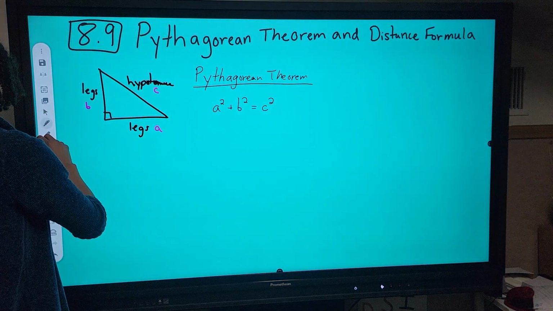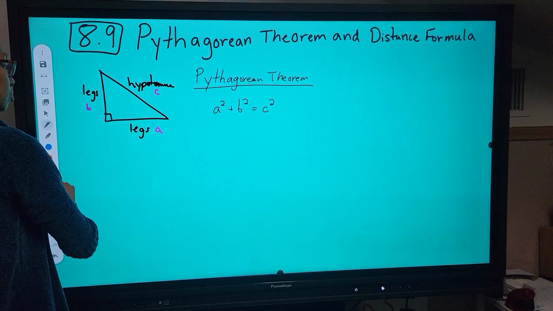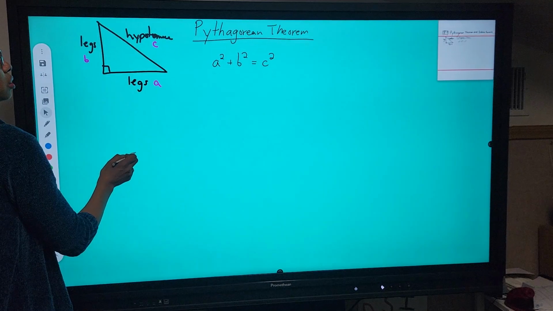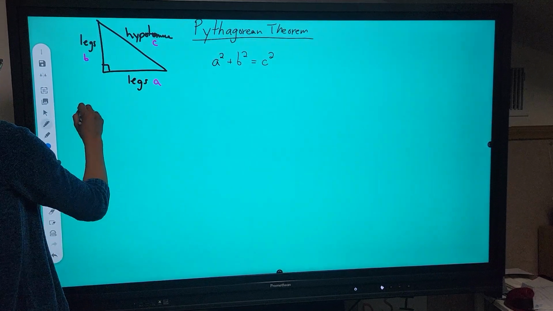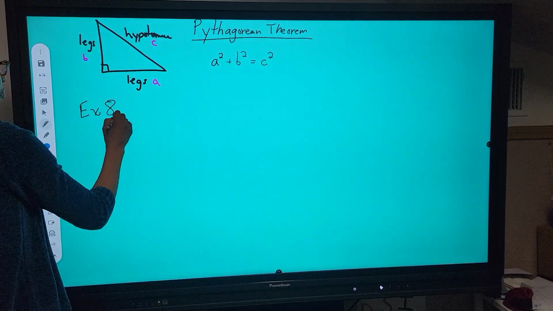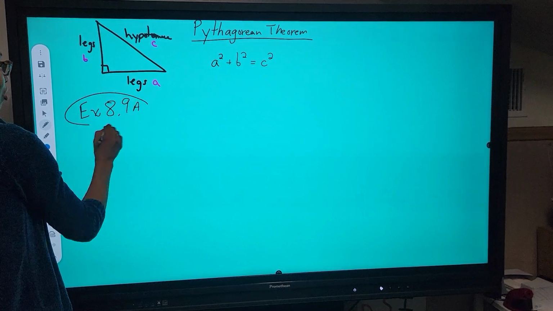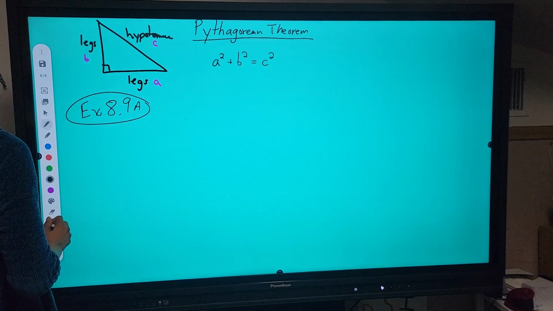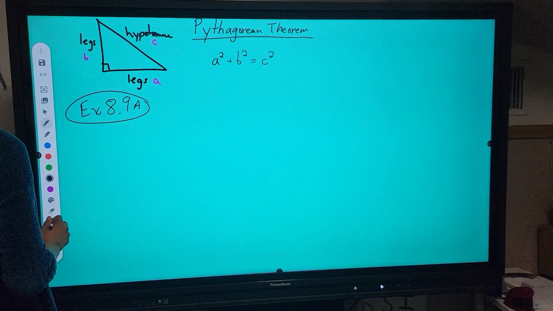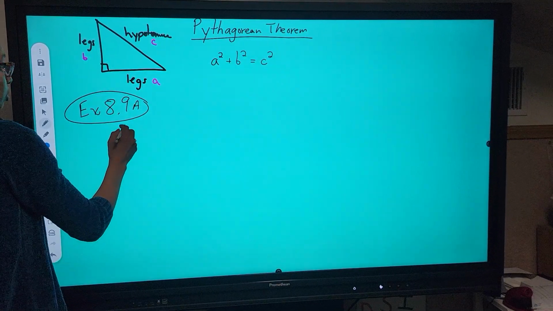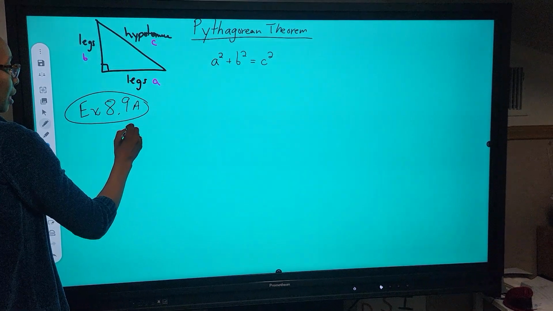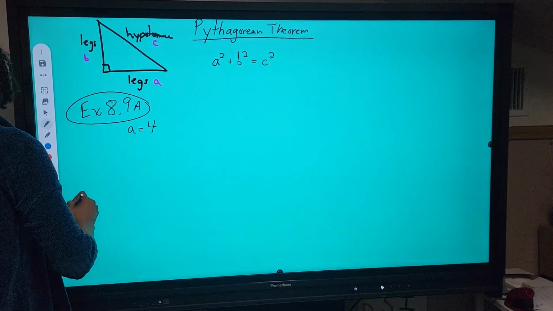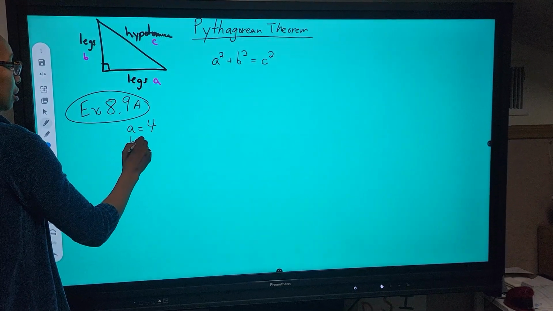Here we go. Example 8.9a says find the length of the hypotenuse in a right triangle if the lengths of the legs are 4 and 8. So one of the legs, we'll call it A, is equal to 4, and the other leg, we'll call it B, is equal to 8.